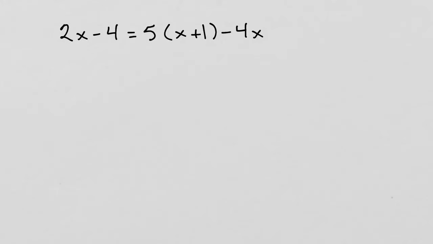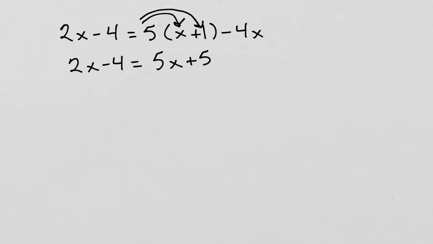So the 5 will multiply the x to get 5x, and the 5 will multiply the 1 to get 5. So now we have 2x minus 4 equals 5x plus 5 minus 4x.